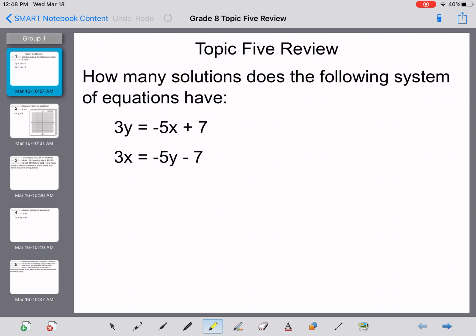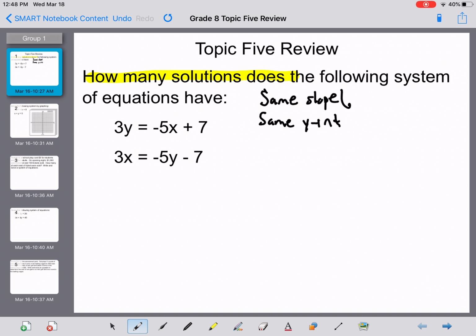When the question asks how many solutions the system has, we need to find the slope and the y-intercept. There are three options. We can have the same slope and the same y-intercept.